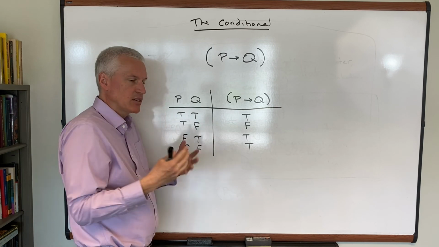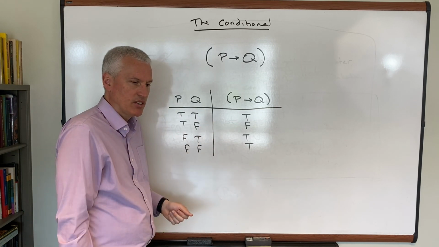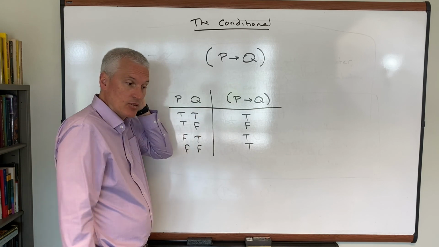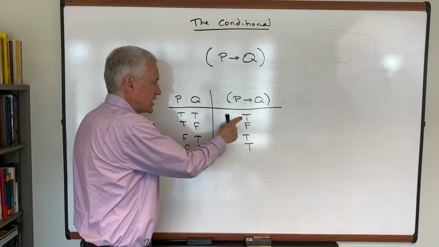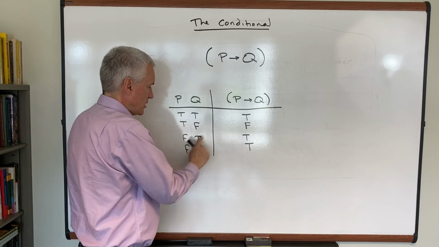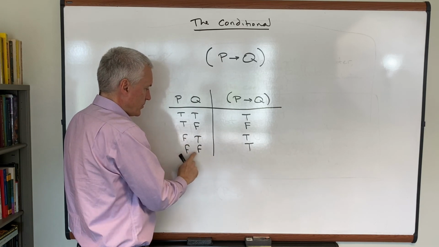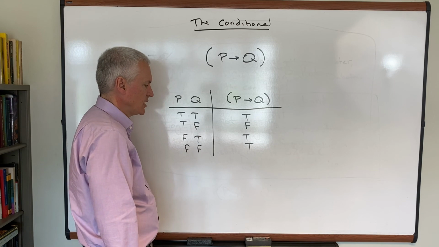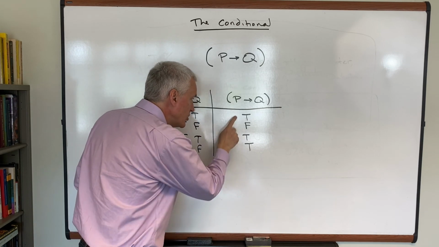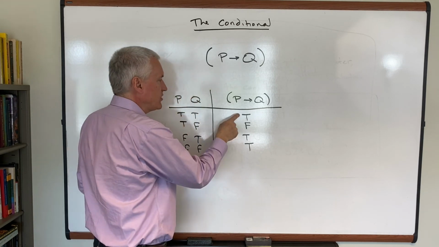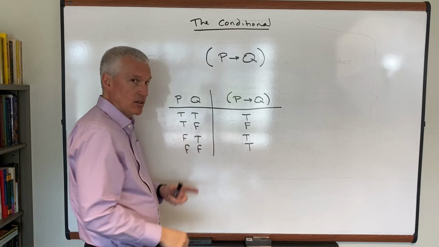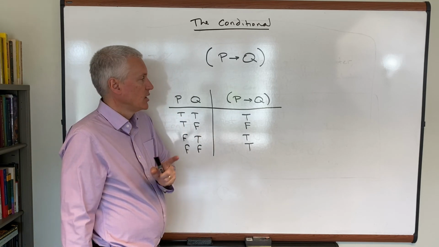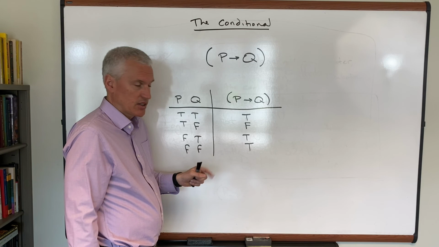A function is a kind of process where you put a certain number of things in and you always get exactly one thing out. So here we put in two truth values and we got exactly one out. So this is what we call a truth functional connective. You don't really need to know that, but you do need to memorize this. You have to memorize the meaning of if-then. If you don't, you'll be confused throughout our studies as we look at this.